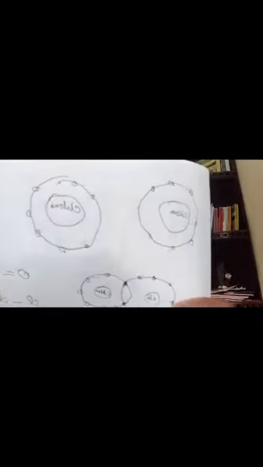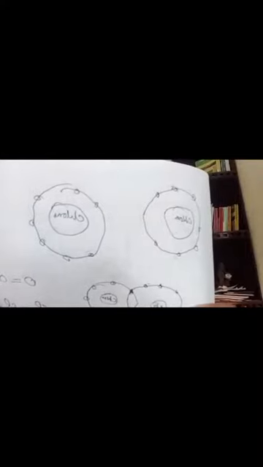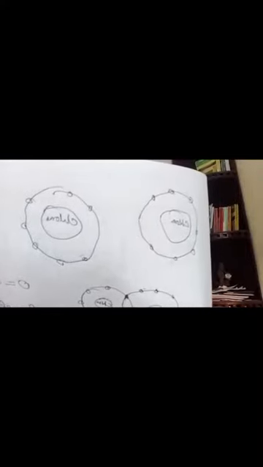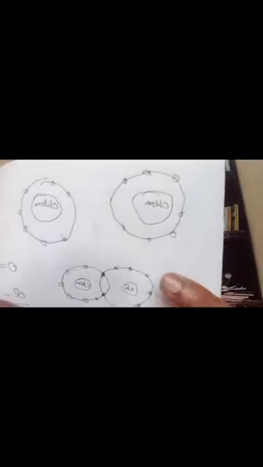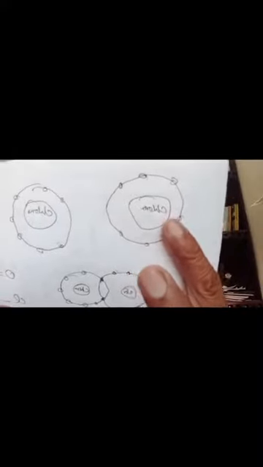This is one way of combining atoms to get 8 electrons in the outermost orbit. In this case, this is a chlorine atom. We are showing only the outermost orbit.